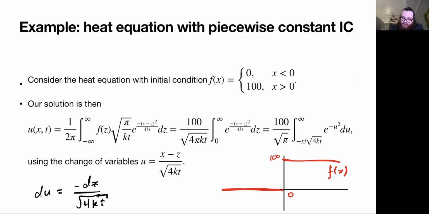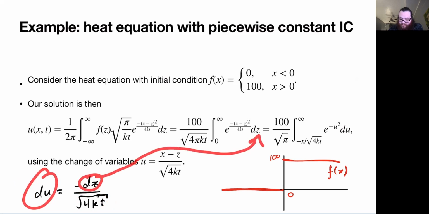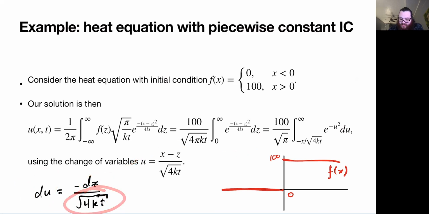Then we move this over to the other side, and plug in this expression for dz. The square root 4kt is going to cancel with the square root 4kt out here, and we're just left with a root pi. Otherwise, we're left with the 100 unchanged, e to the minus that, and then it's just a matter of incorporating the boundary conditions.